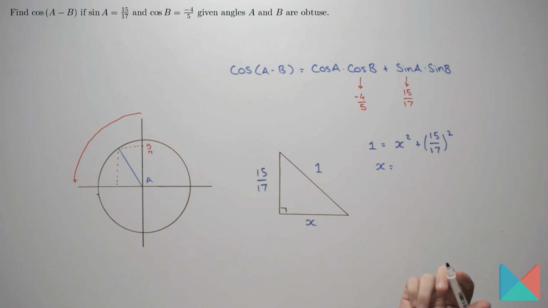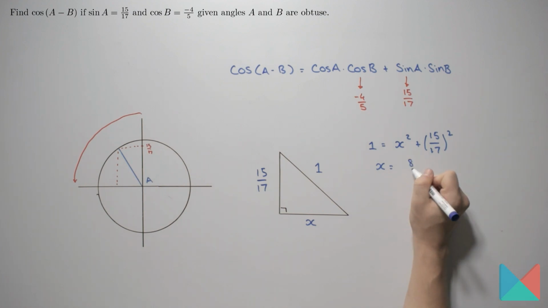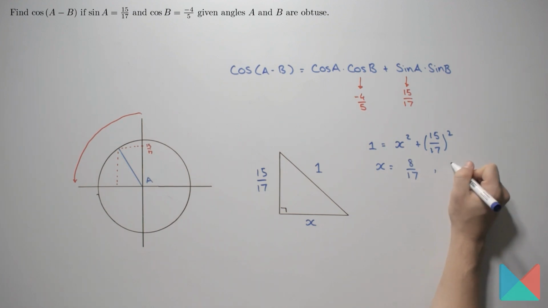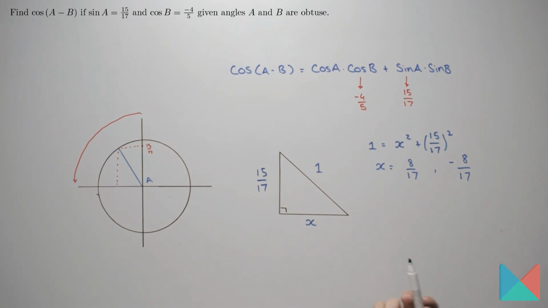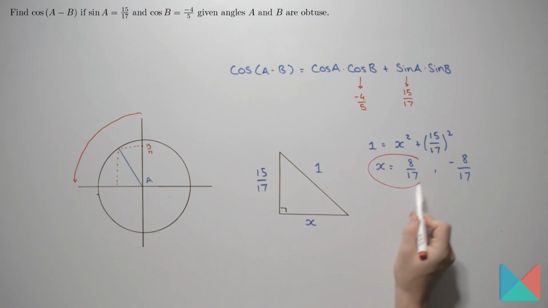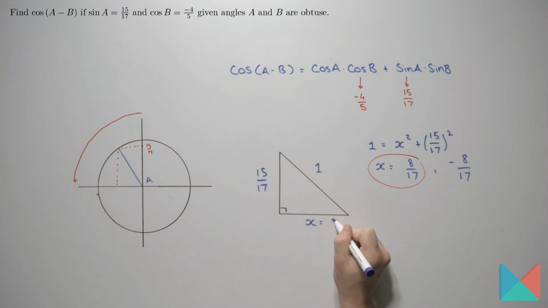And our first solution is going to be 8 over 17. And we'll have one more solution, negative 8 over 17. And as we're considering our right triangle with distances, we can't have a negative distance. And so our solution that we're going to consider is the positive version. And so we find that this value of x is going to be 8 over 17.